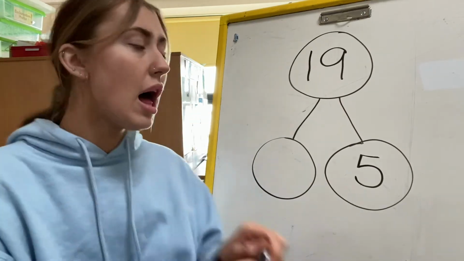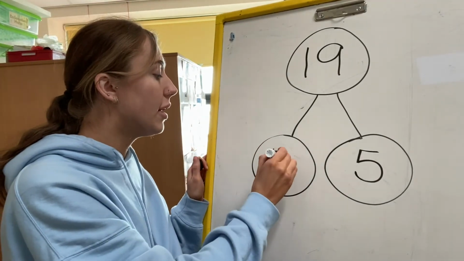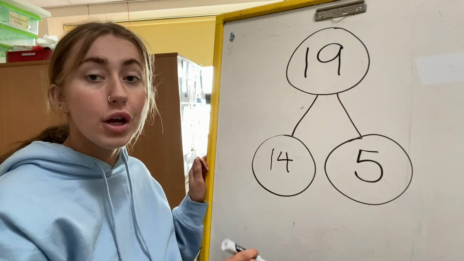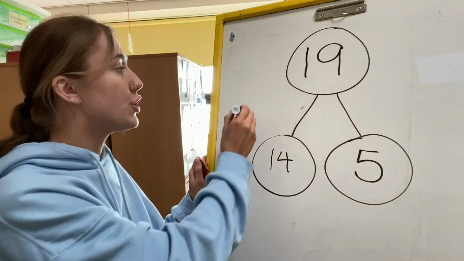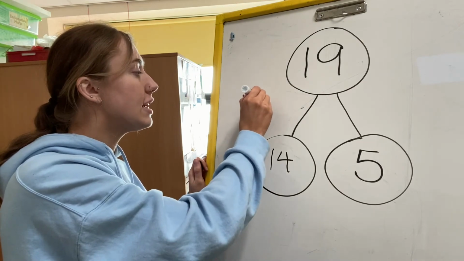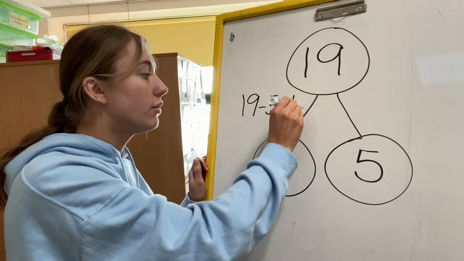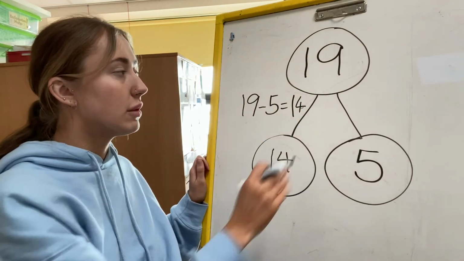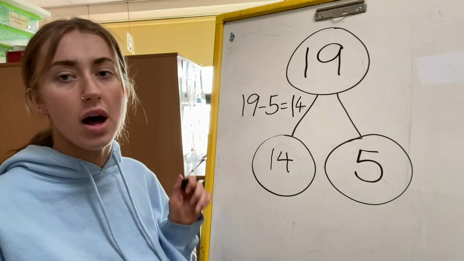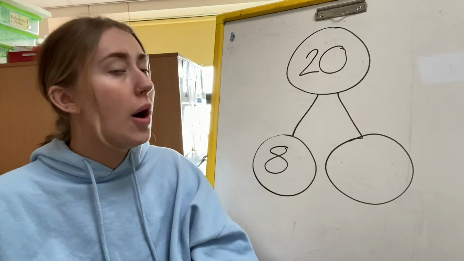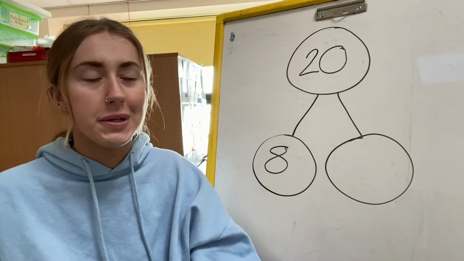So our other part must be 14 because we've counted down 5 from 19. So how do we write that in our equation? We write 19 subtract 5 equals 14 because we've taken away 5 from this part to figure out what this one is. So let's just do one more together with some bigger numbers now.